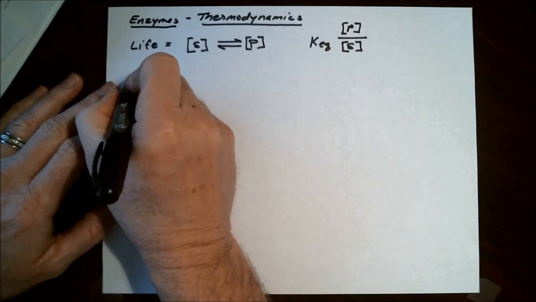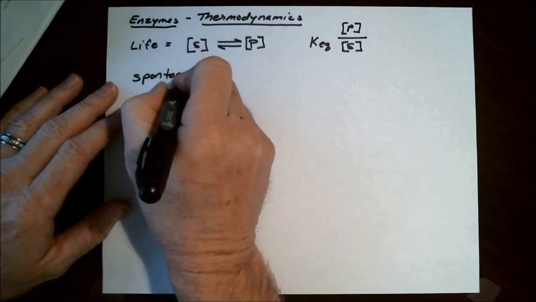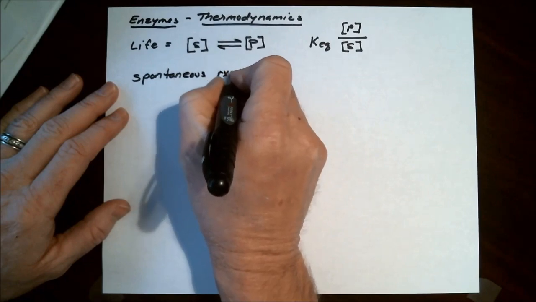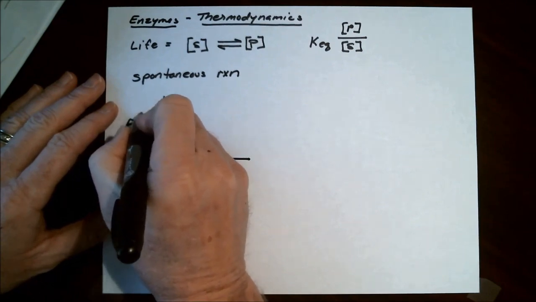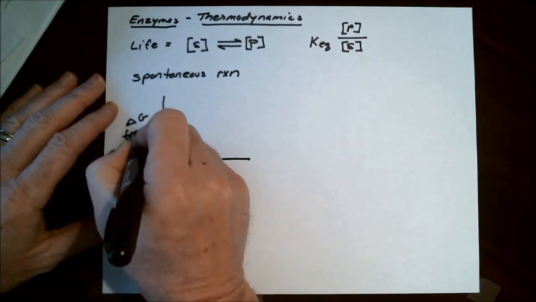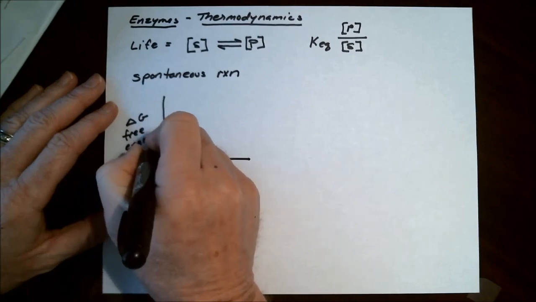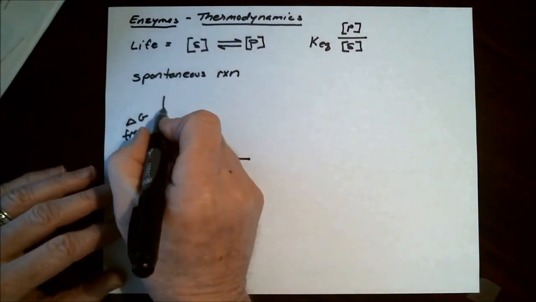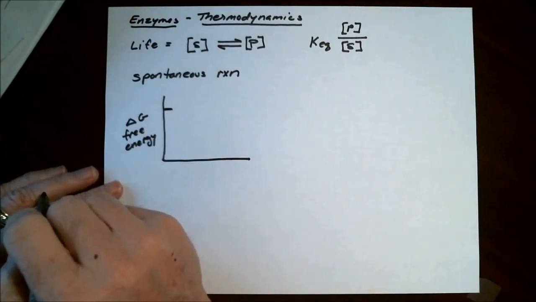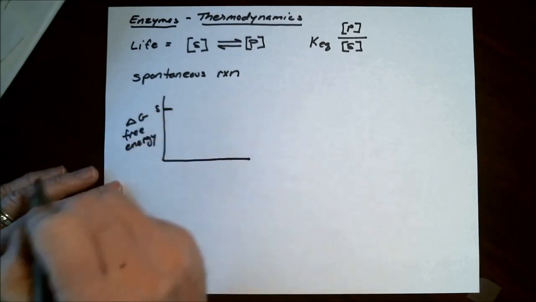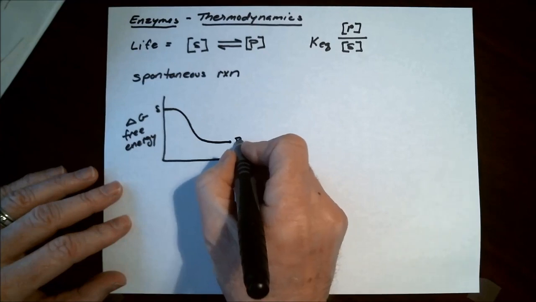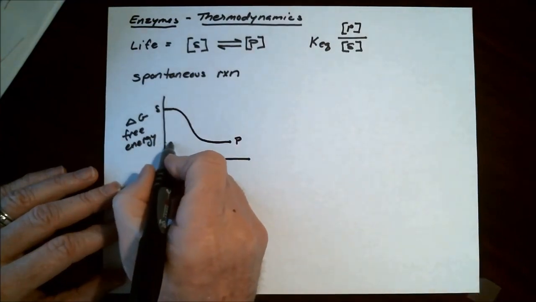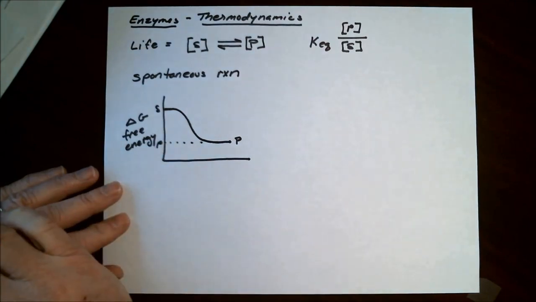Now, if we consider a spontaneous reaction, and we measure the delta G, which is the free energy change of a reaction, we can measure the energy of the substrate, and then this substrate will convert to a product, and the free energy of the product can be measured also.